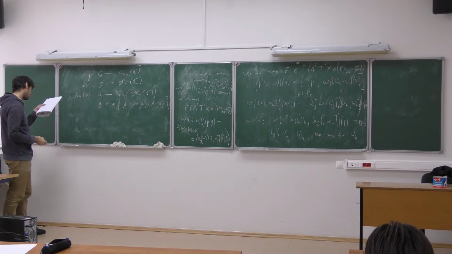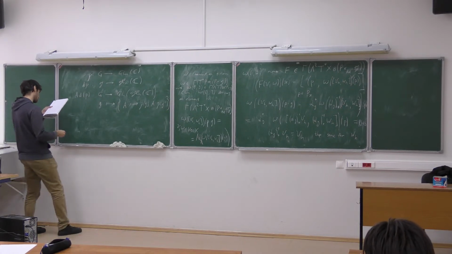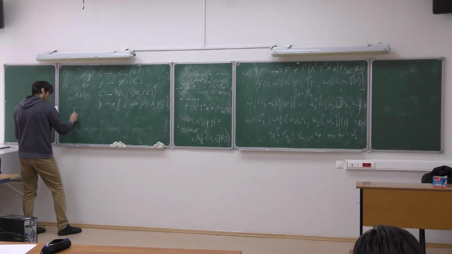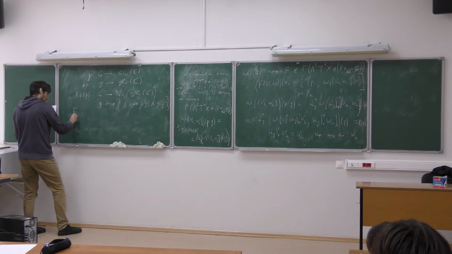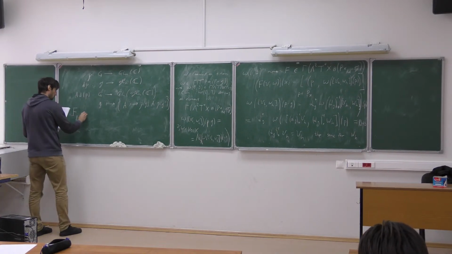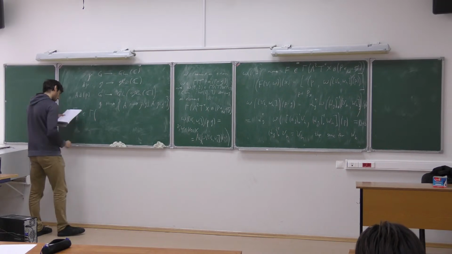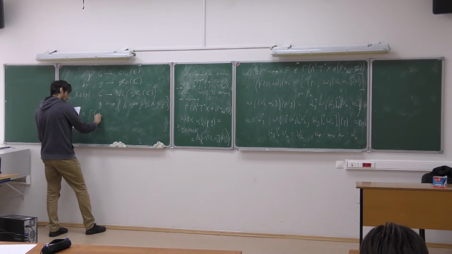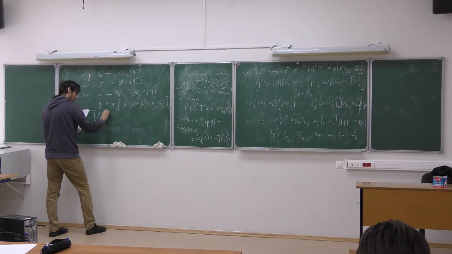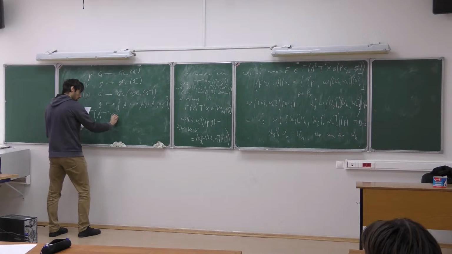Okay. So then we define the following element, which I denote by F with index rho. This guy will be a section, so it's a two-form, again, on X, but with values in where?